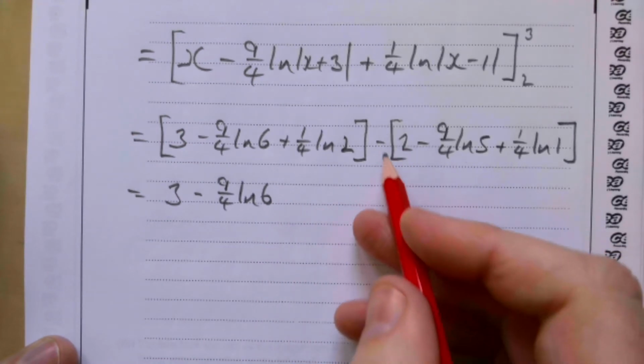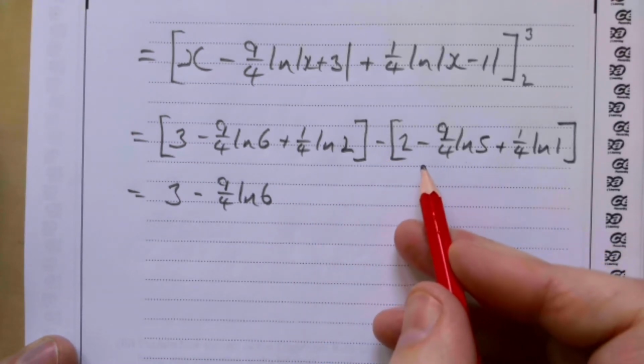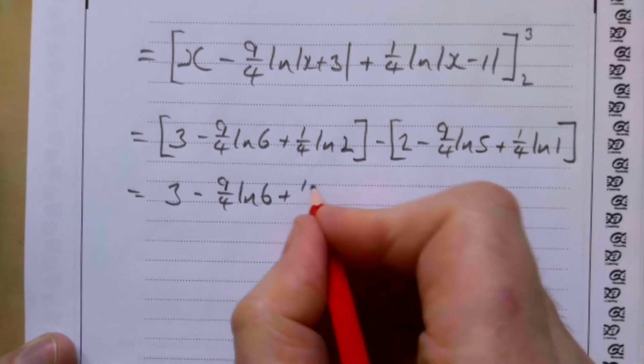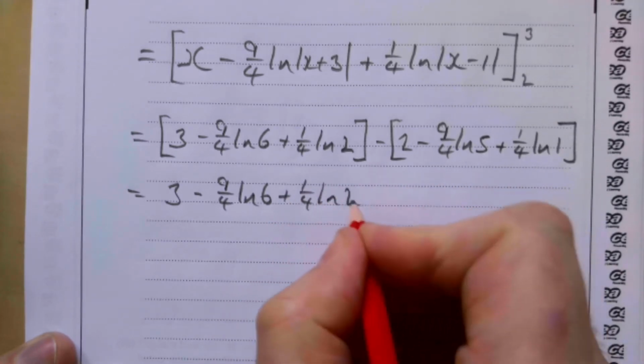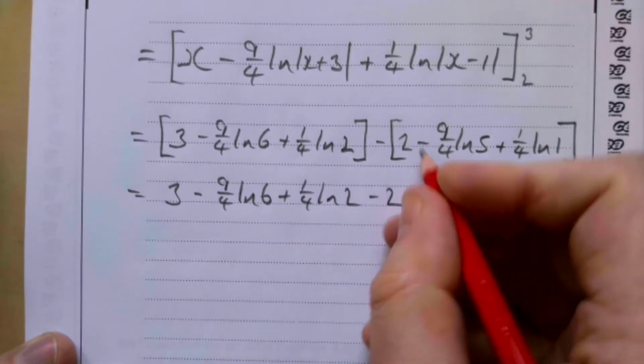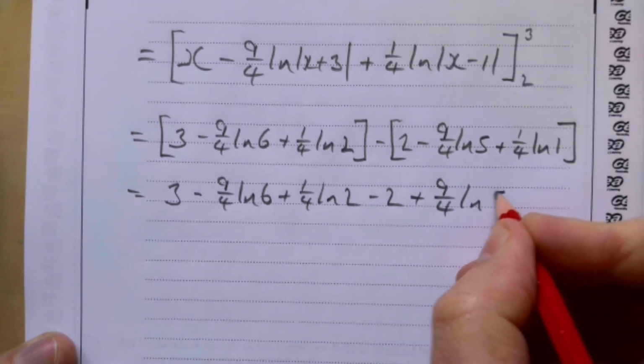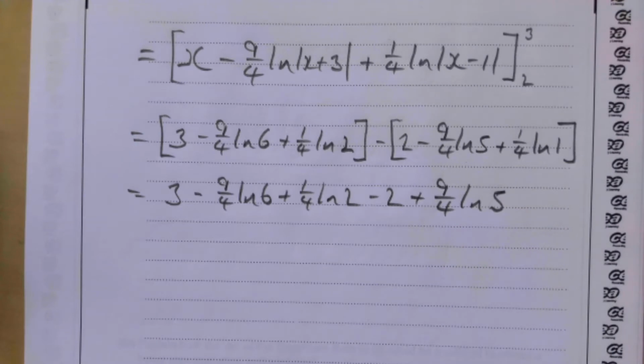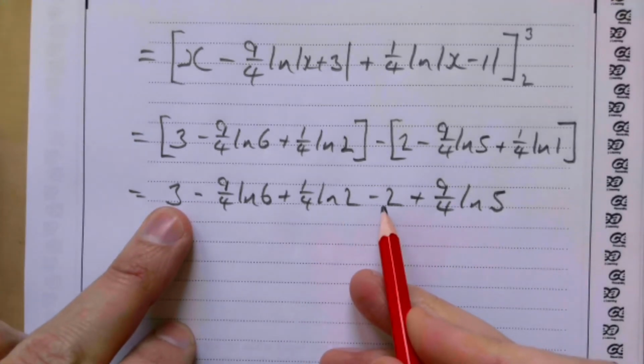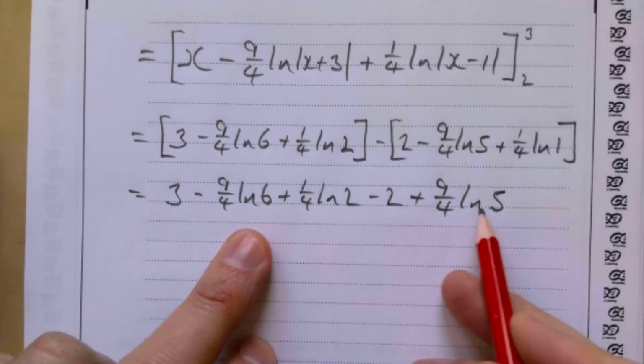6, in fact, I should take away the 2 there, but that's okay. Plus a quarter ln 2 minus 2 plus 9 over 4 ln 5. The easiest thing really there is to change the 3 and the 2 to a 1, but you still have those 3 terms.